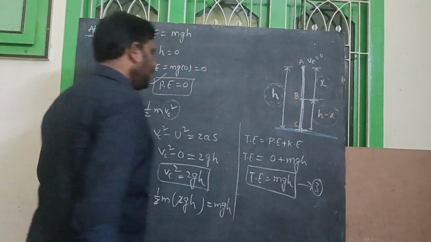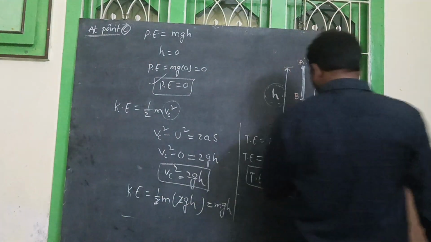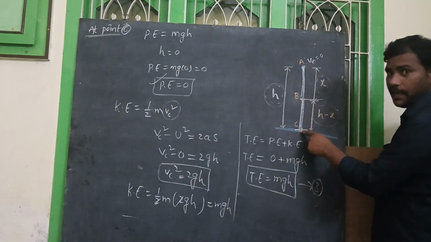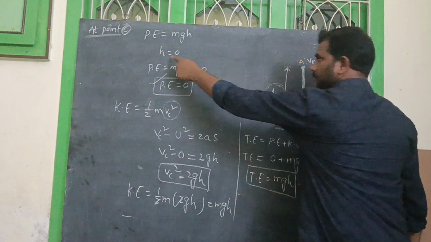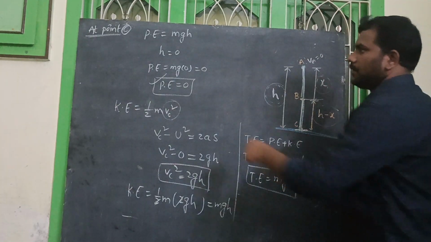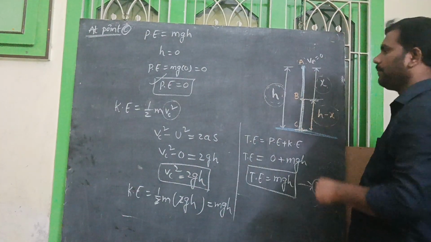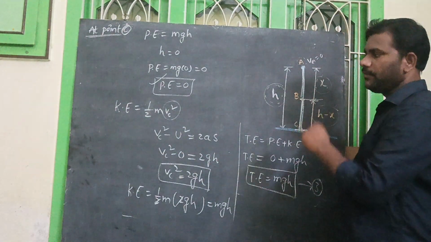So see once again. Here at point C, the body reaches the ground. Body reaches the ground means there is no height, then h is equal to 0, then obviously mg of 0, 0 into anything is 0, then potential energy is 0. Next, kinetic energy. Kinetic energy is half m vc square.